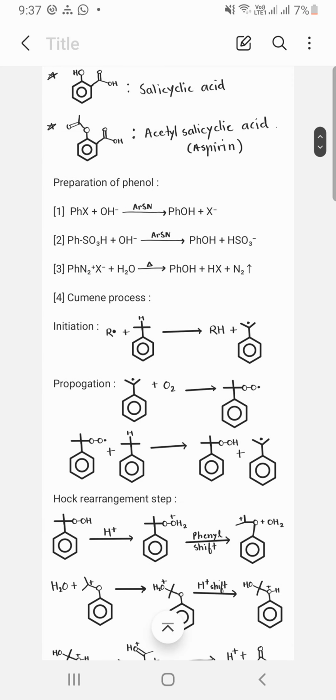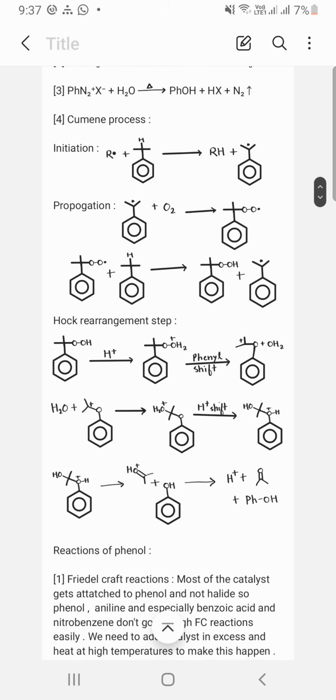Okay, preparation of phenol. Yeah, the usual phenol from PhSO3H. We just saw that in that aromatic thing. Okay, PhN2X plus H2O. That's just such a costly thing to do, but whatever. Cumene process. That's the actual way that this is prepared. So yeah, cool.